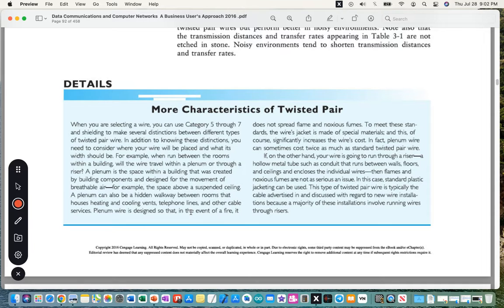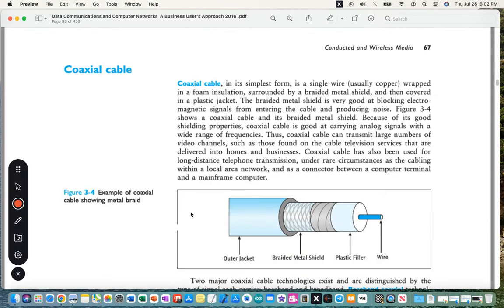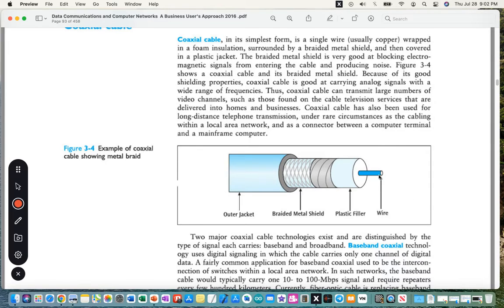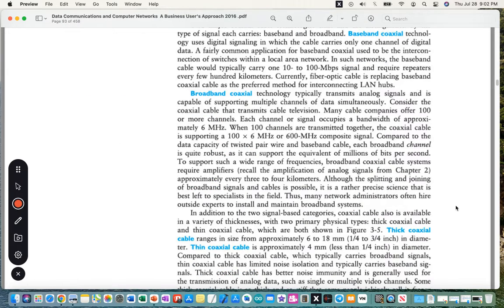More characteristics about the twisted pair, and then we just skim that and go to the next type, which is the coaxial cable. And coaxial cables are just like that. It's a copper wire in the middle, then a plastic insulator, then a braided metal shield to remove noise, and then the outer plastic jacket or shield as well, plastic shield for protection.